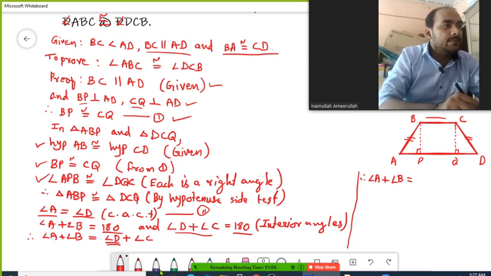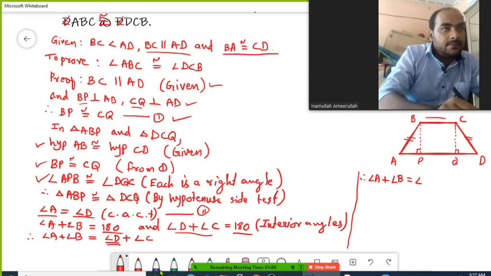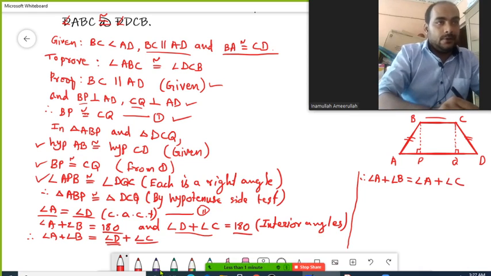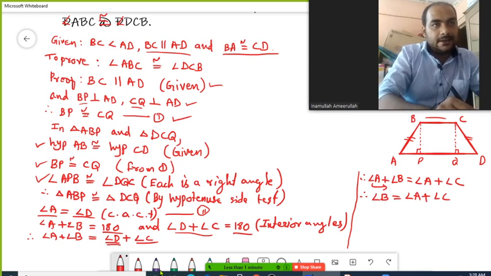So I am going to replace D with A: angle A plus angle B equals angle A plus angle C. Sending angle A to the other side, plus angle A minus angle A is 0, so you are left with angle B equals angle C.